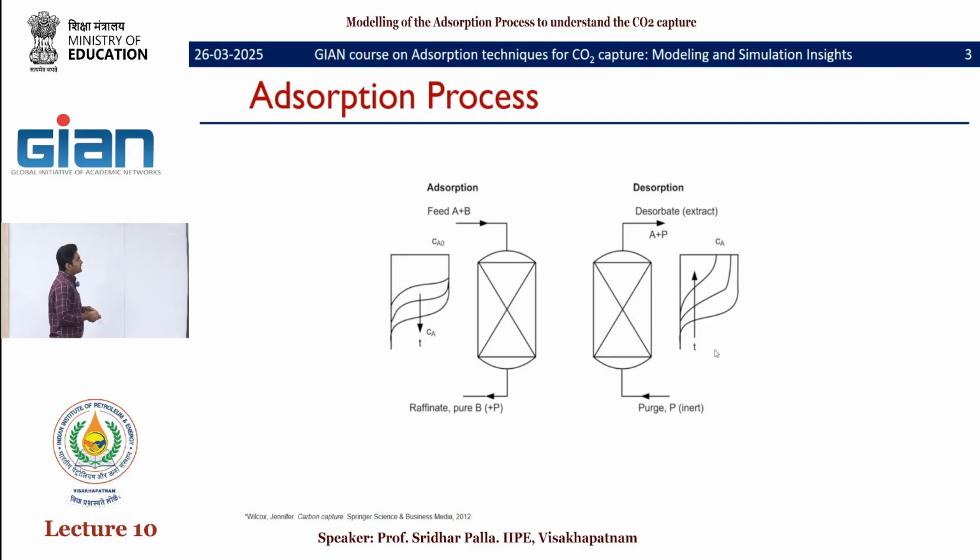When it comes to desorption, it can be done in multiple ways. As Dr. Debanshu discussed, we can use an external thermal source and inject heat from outside, or we can use a purge, like an inert gas, that will disturb the interaction between the adsorbent and the adsorbate.